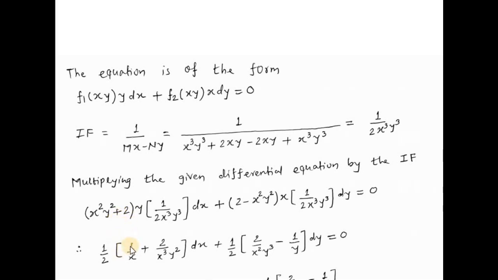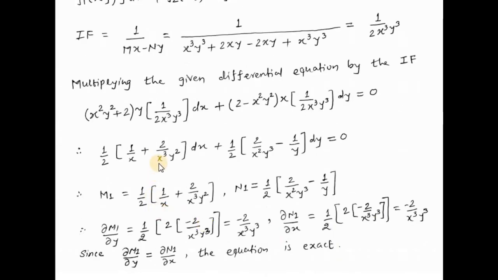So we will get 1/2 (1/x + 2/(x cube y square)) dx, plus, again 1 by 2 is constant and x divided by x cube gives x square, and we divide these two terms by x square y cube. So we will get 1/2 (2/(x square y cube) - 1/y) dy = 0.